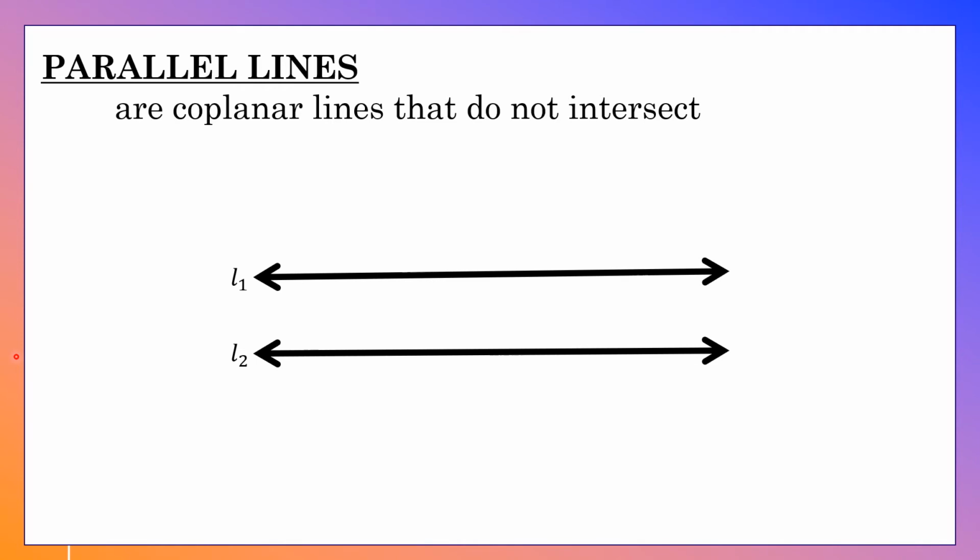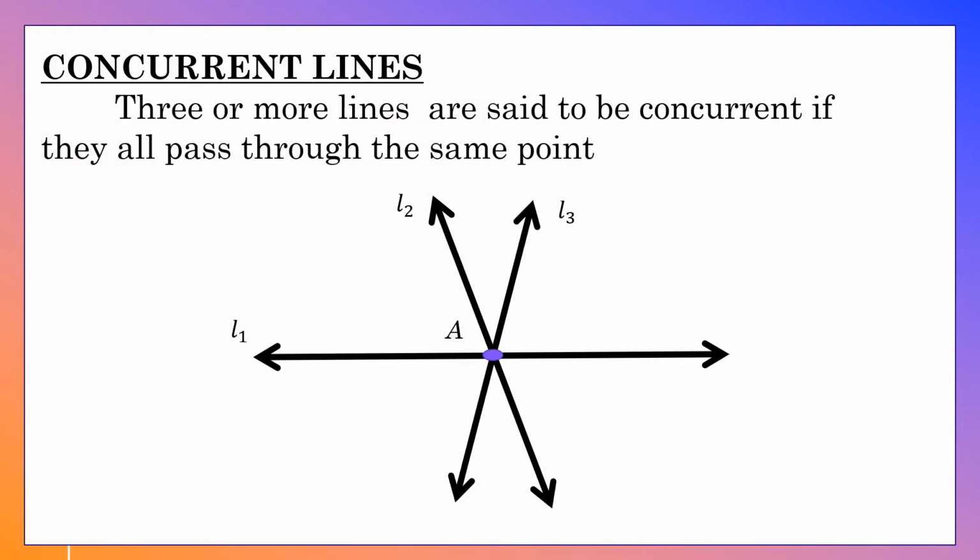Next is parallel lines. These are coplanar lines that do not intersect. Usually it is denoted by this symbol. So we can say that line 1 and line 2 are parallel. This symbol means these two lines are parallel. Let us now have the concurrent lines.